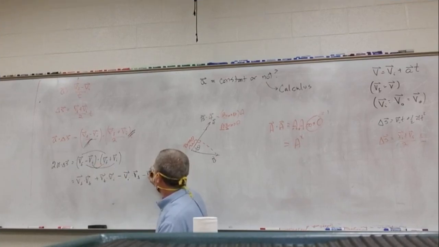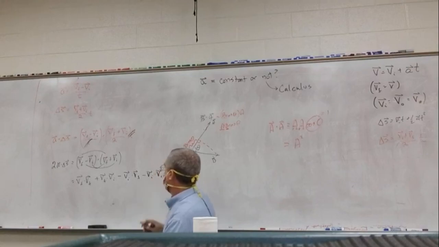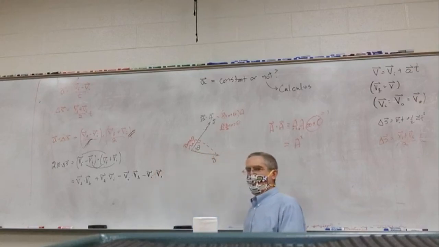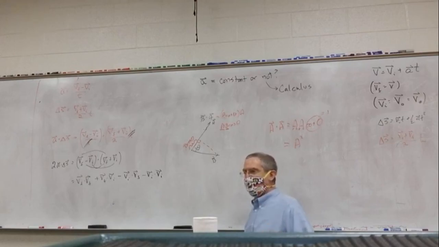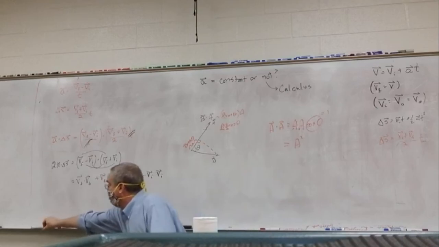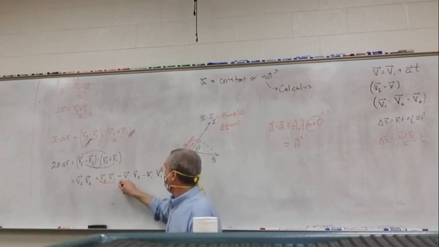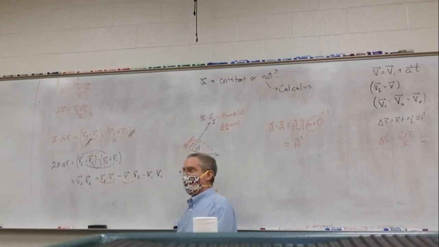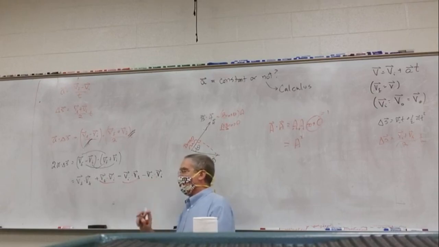We talked about the commutative property of multiplication holds across a dot product. It does not across a cross product, but it does for a dot product. So those will cancel out. Again, if we were doing a cross product, we would not be able to cancel them out. However, the other two terms would go away.